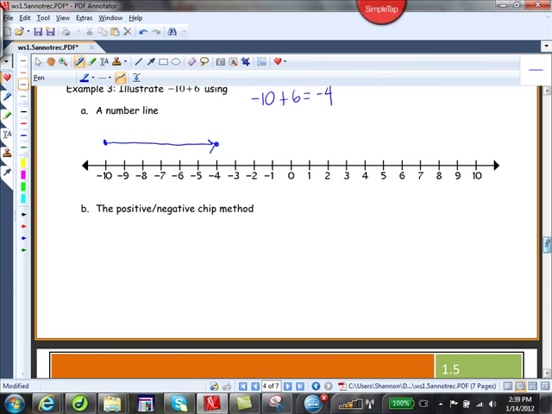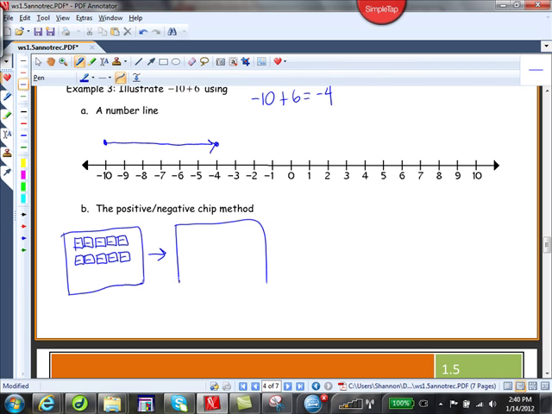All right, so for a positive negative chip model, we've got 10 negatives. So here is our first box. And then, now we want to represent both of them.